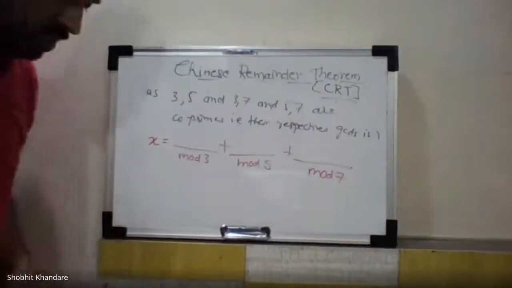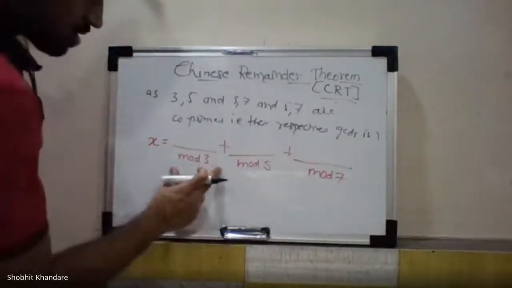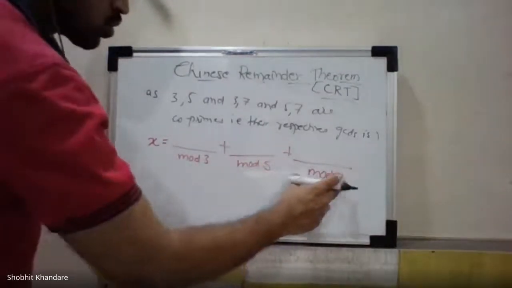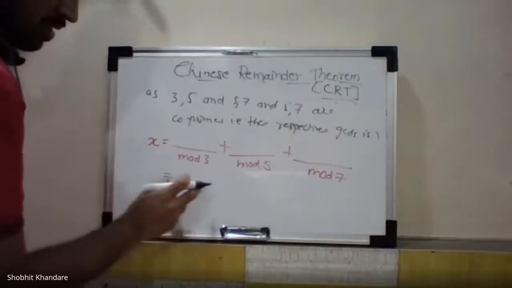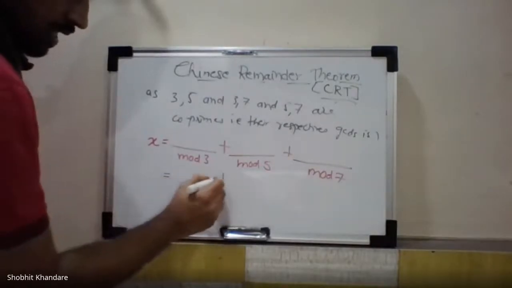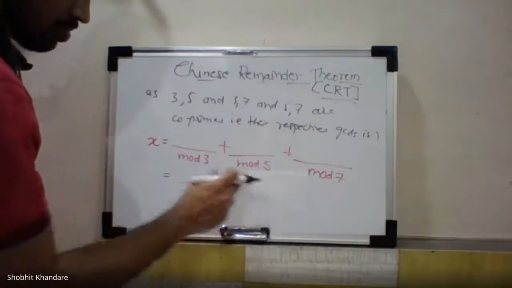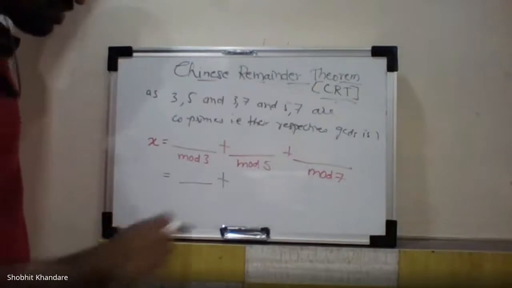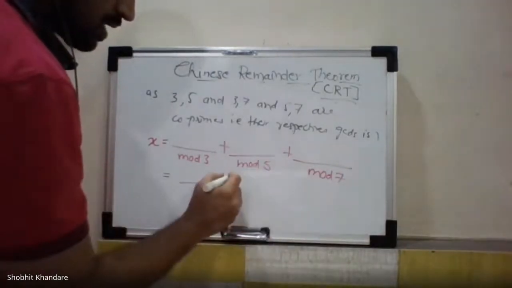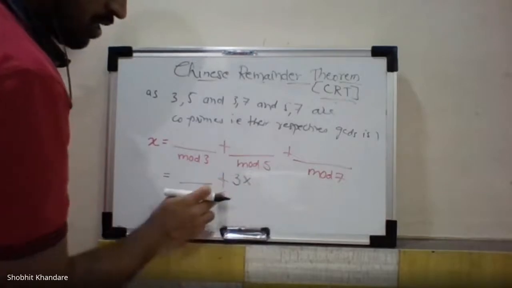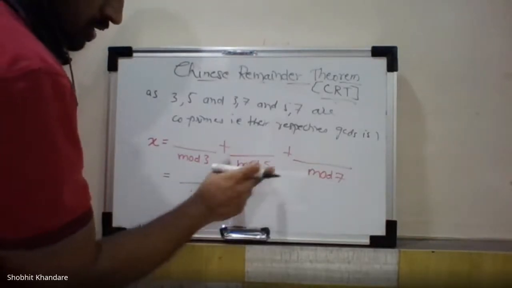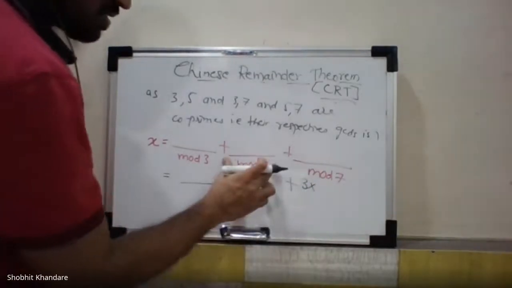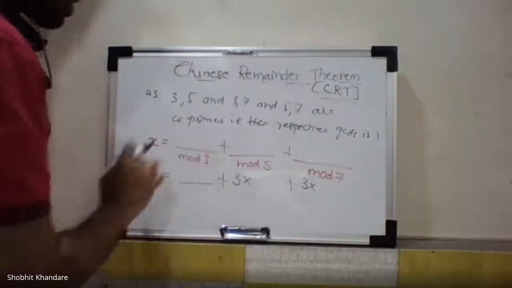So if I want to consider this first term, I have to neglect these 2 terms. That means I have to make these 2 terms 0. So in that case, the first term will be there. Then the second term will be multiplied by 3, and the third term also multiplied by 3, then we can neglect second and third, only considering the first one.